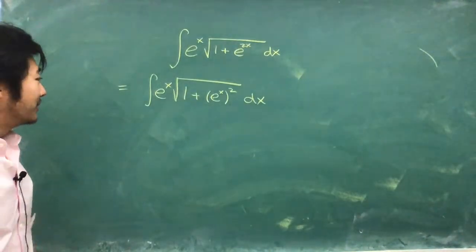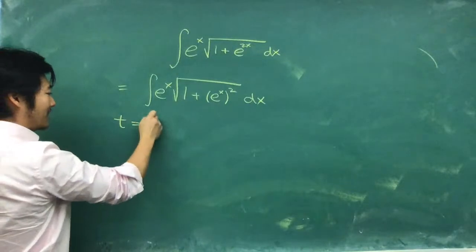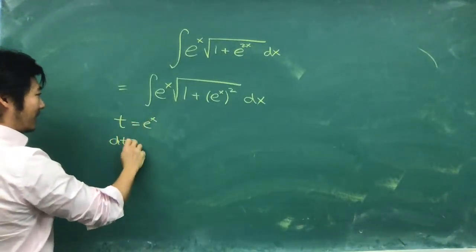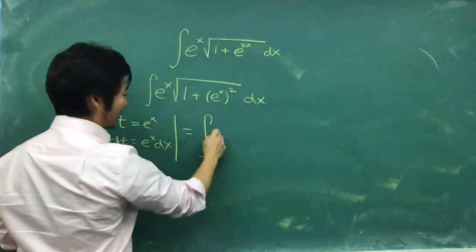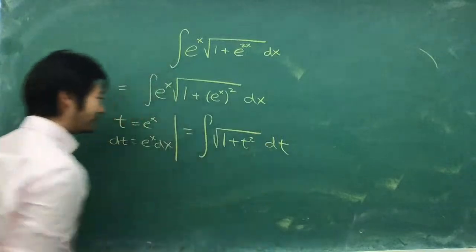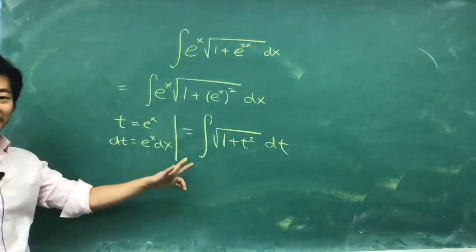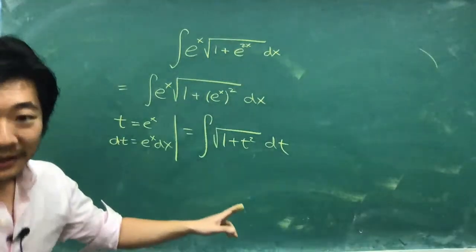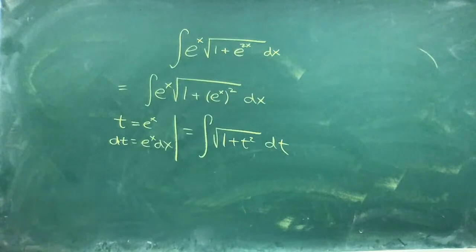And so you do t equals e to the x, dt is e to the x dx, so that integral of 1 plus t squared dt is the integral that this becomes. Try to be nice. No.